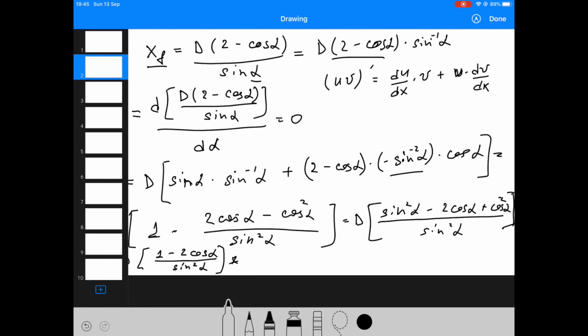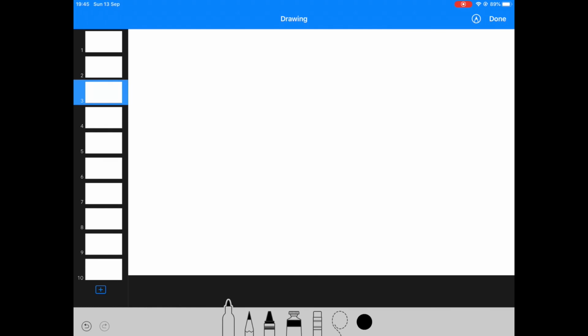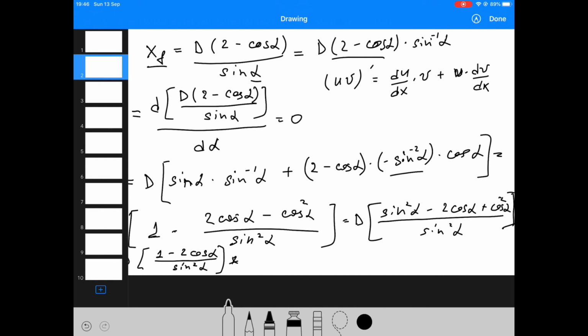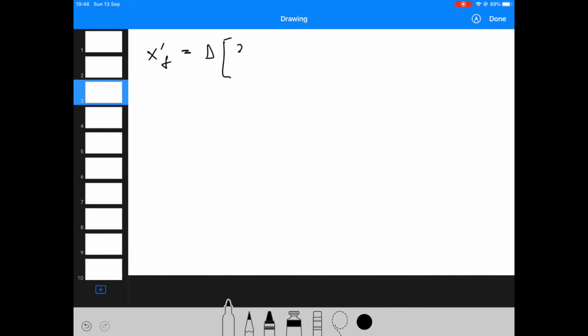So it's 1 minus 2 cosine alpha divided by sine alpha squared. So the first derivative of this function xf is equal to D times (1 minus 2 cosine alpha) divided by sine alpha squared.